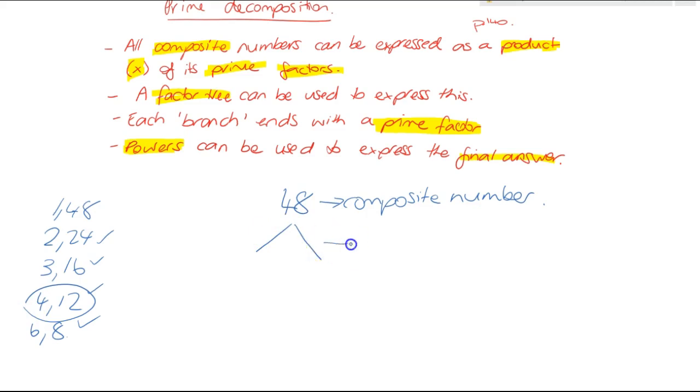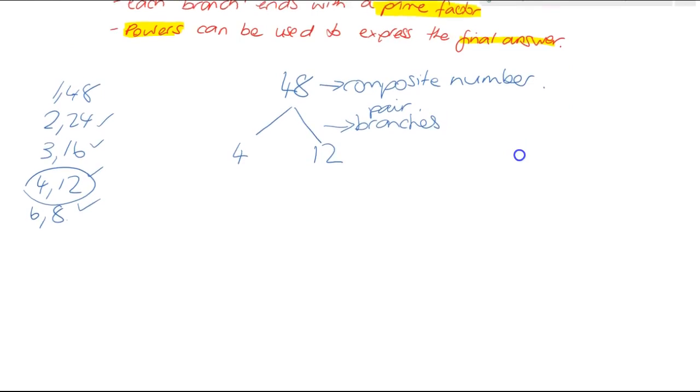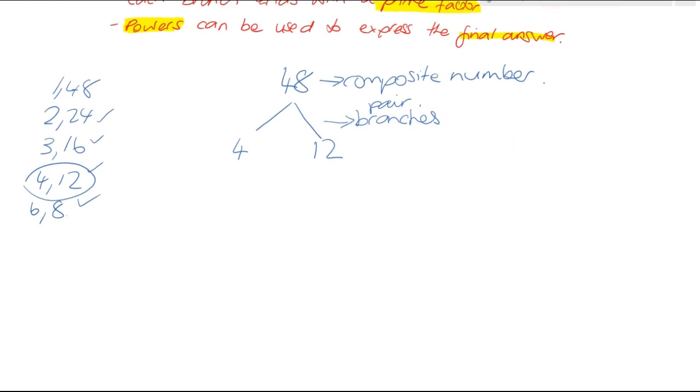I'm going to draw the branches of my tree, the first branches, or a pair. And I'm going to write the factor pair, one under each branch. Now what I need to do is to break down these two numbers, my 4 and my 12, into their factors.